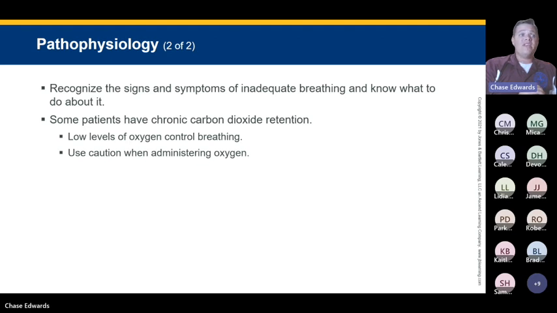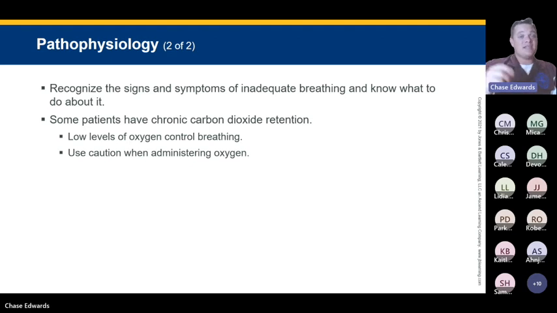Okay, so when we see that 88 and we're like, oh my goodness, I gotta pound you with oxygen. This guy's just sitting here smoking a cigarette and is like, nah, I'm all right. And then you go to give him oxygen after a while, and I do mean a long while, it will cause that hypoxic drive to kick in.